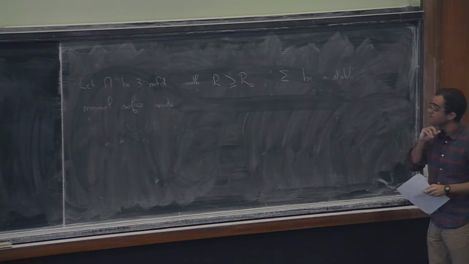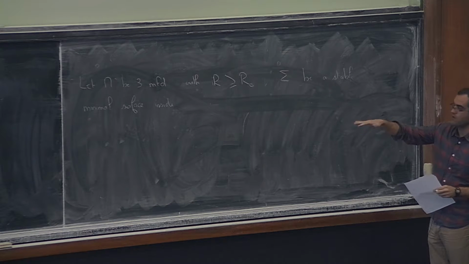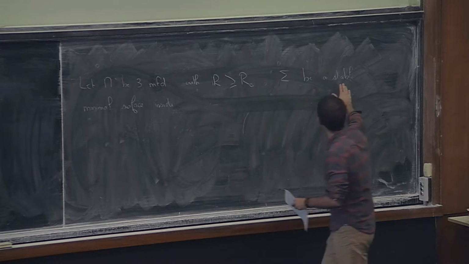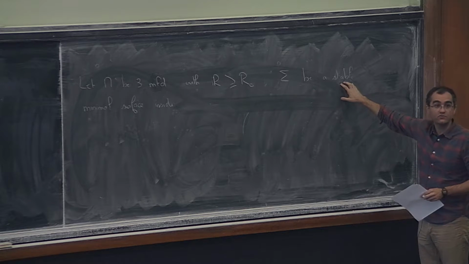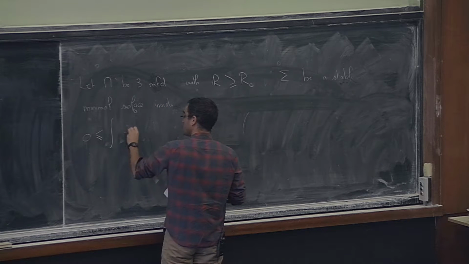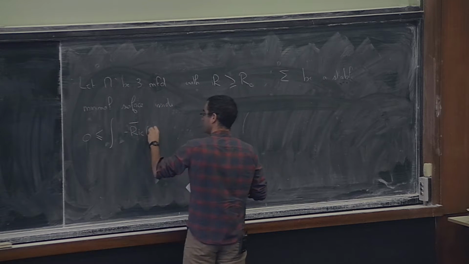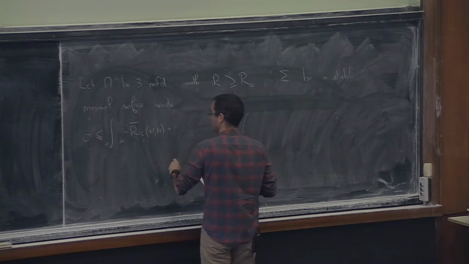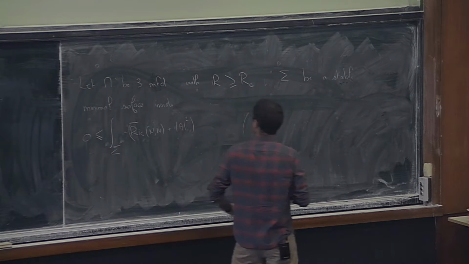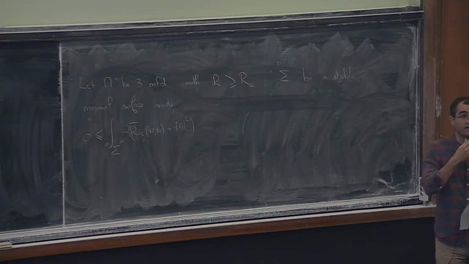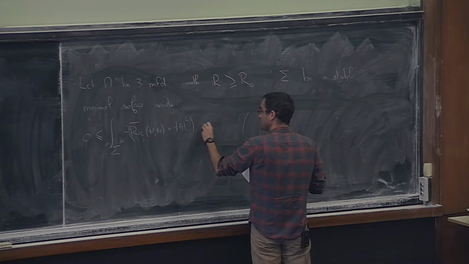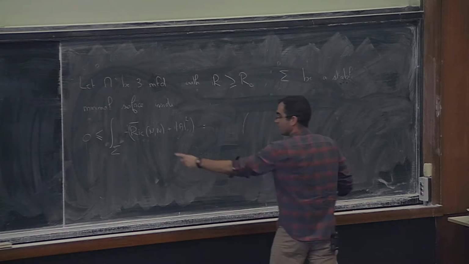Okay, so let's do a computation that we have almost already done this morning. You apply the stability equation from this morning with the constant function equal to 1. So you have 0 is larger than minus the Ricci curvature of the ambient manifold in the normal direction plus the second fundamental form squared on sigma, which is non-negative. And we do exactly as this morning the same computation on this term and this one.